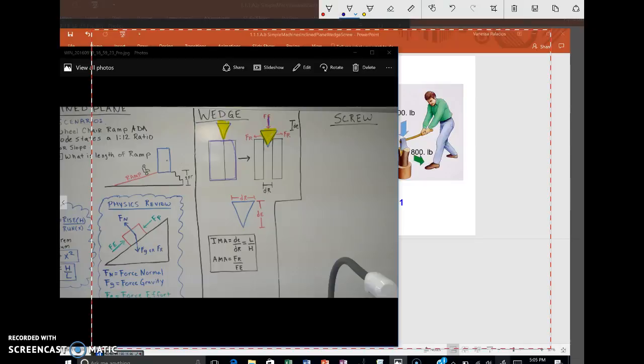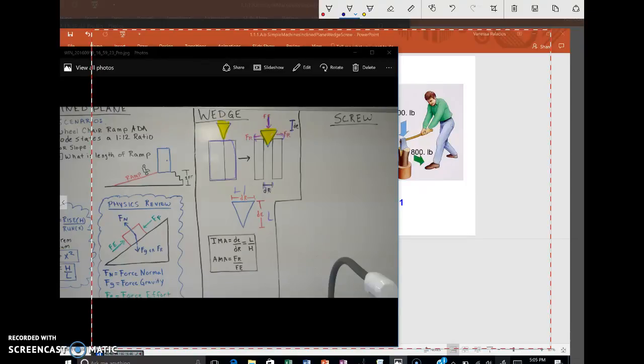We said our FE is going to be up top and our FR is going to be perpendicular to our FE. And then we said the distance traveled by our effort force is going to be the DE, and the distance traveled by our resistance force is going to be the DR. But we're going to assume that the entire wedge goes into, in this case we're calling it a piece of wood. Then our DR would simply be the H, and our DE would be the length of that wedge, right?